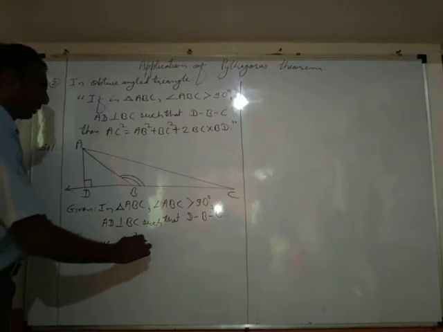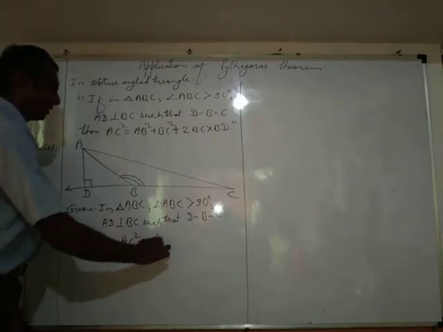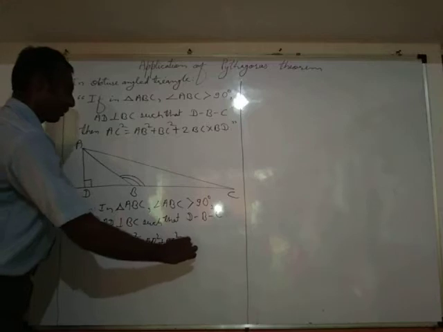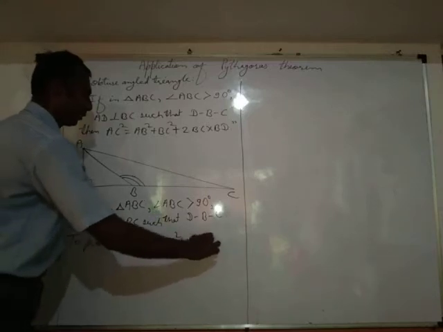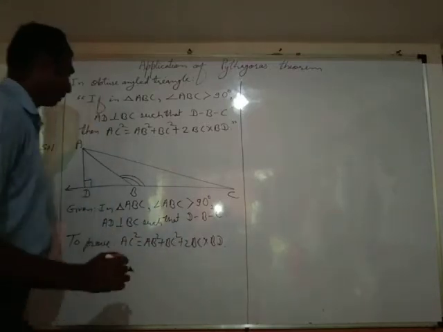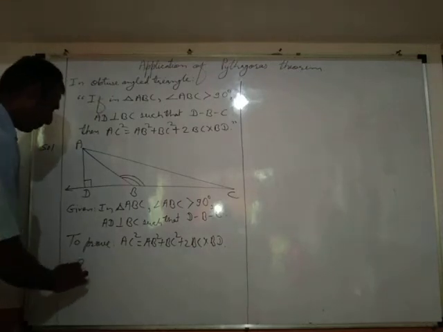AC square equals AB square plus BC square plus twice of BC into BD. Okay, now let's write a proof.